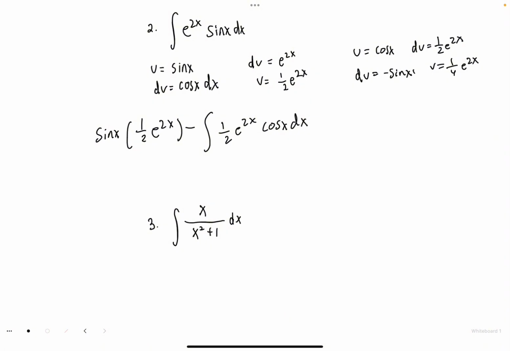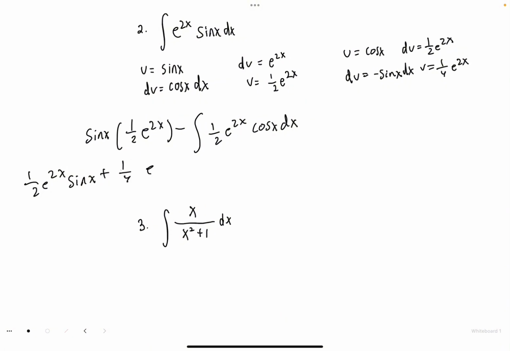So now you just have to put it back in. So 1/2 e to the 2x sine x alongside adding u and v again, so cosine, let's just do 1/4 first so that makes it easier. So 1/4 e to the 2x cosine x, and then minus the integral of negative sine.